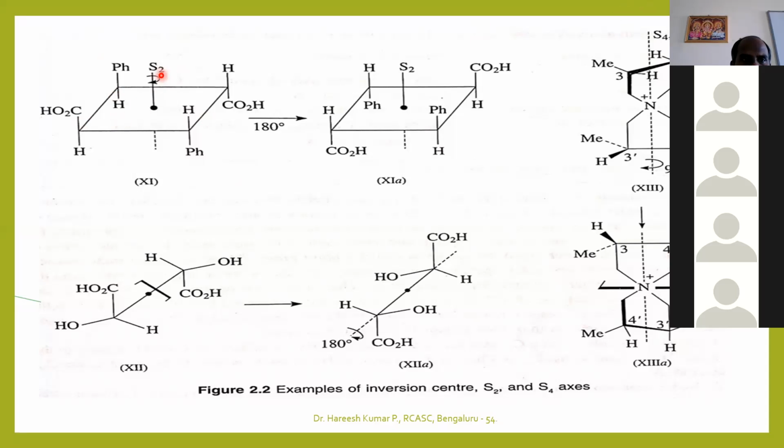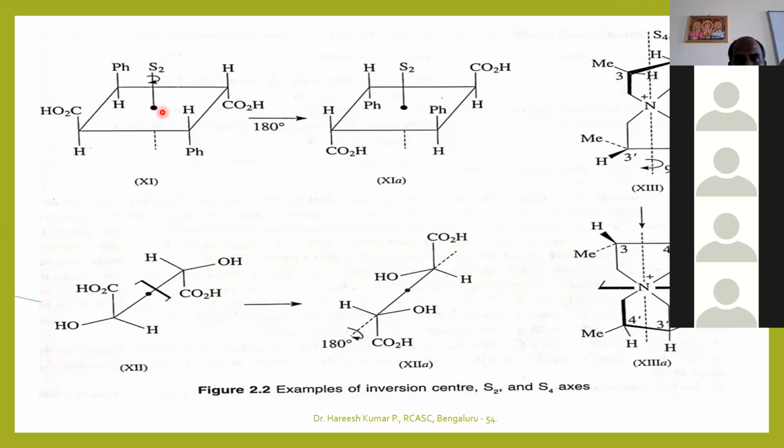And it is called S2. S2 means 180 degrees. Overall, 2 indicates 180 degrees, 3 indicates 120 degrees, and 4 indicates 90 degrees. How do you get that? 360 by 2 is 180, 360 by 3 is 120 degrees, 360 by 4, like that you can account for the rotation.